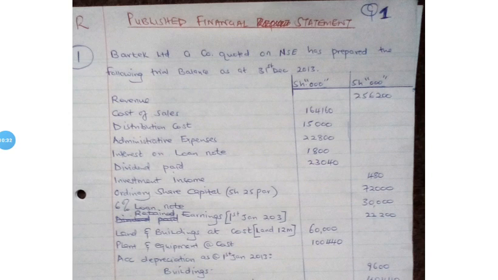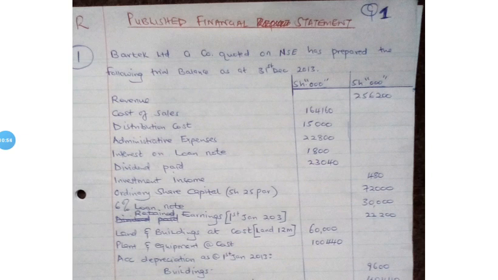So after that, we move to revenue. The way we start our income statement, we start with revenue, less cost of sales, get the gross profit. To gross profit, you add other incomes.